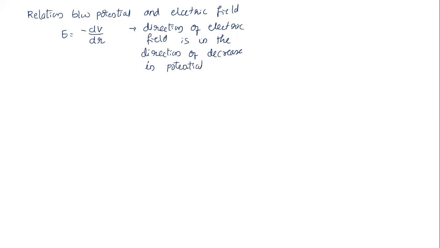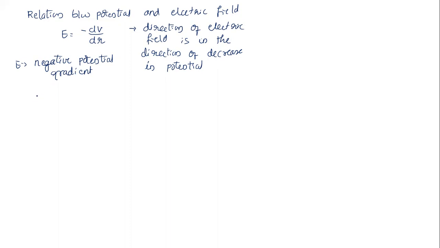Okay, direction of electric field is what now? In the direction of decrease in potential. What we call electric field is a negative potential gradient. So I need to go into little forms of this one now.